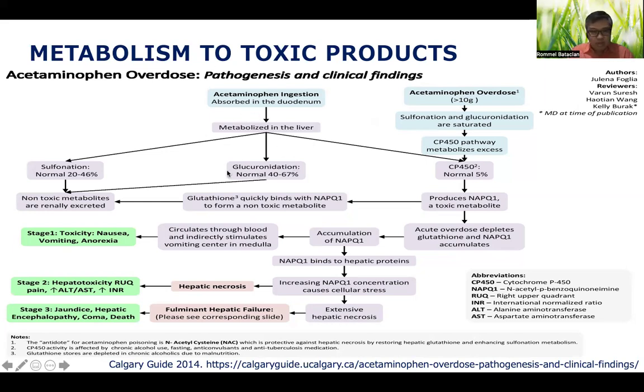Majority of the paracetamol undergoes what you call a glucuronidation reaction, which is a phase 2 reaction. And then the next one would be at least 2/5 would be sulfonation. And both of these reactions would form non-toxic metabolites which are excreted by the kidneys.